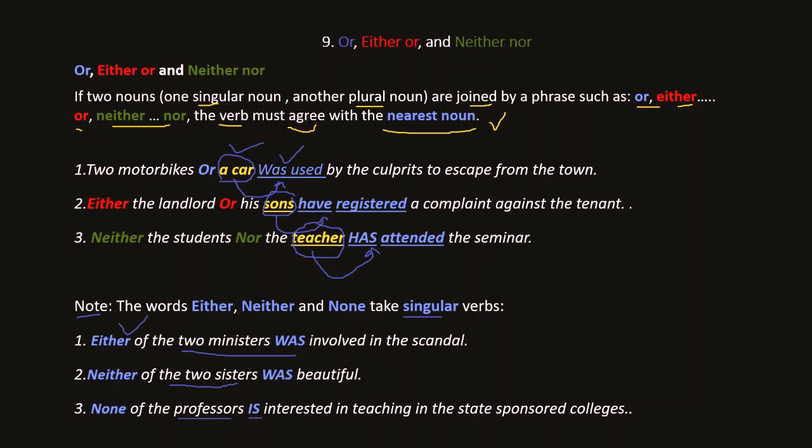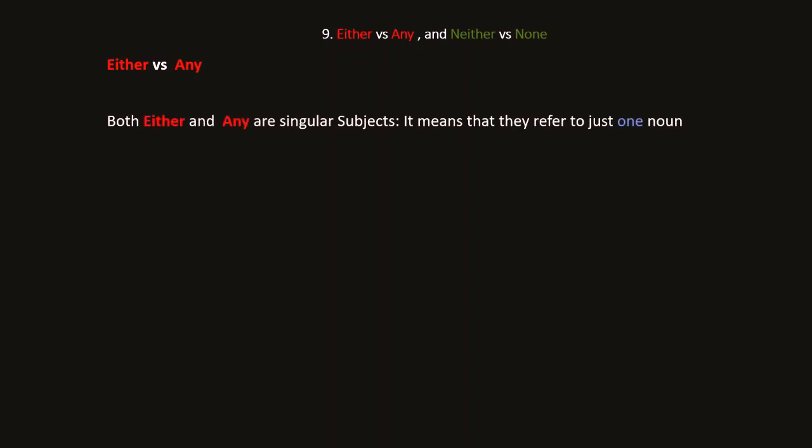What is the difference between either and any? Both either and any are singular subjects. It means they refer to just one noun. However, we use either to mean one of the two things or one of the two persons.